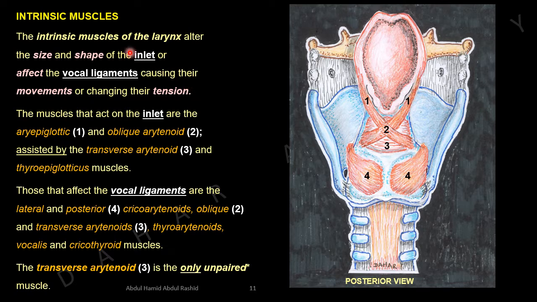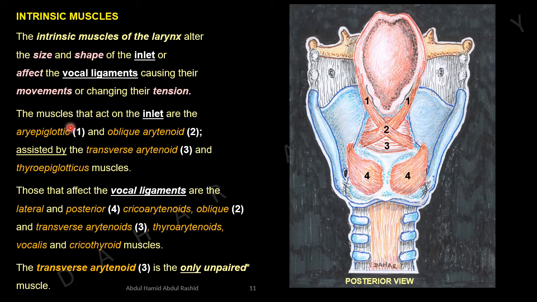The intrinsic muscles of the larynx alter the size and shape of the inlet or affect the vocal ligaments, causing their movements or changing their tension.